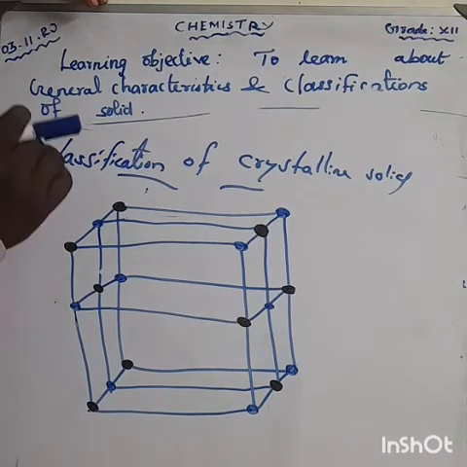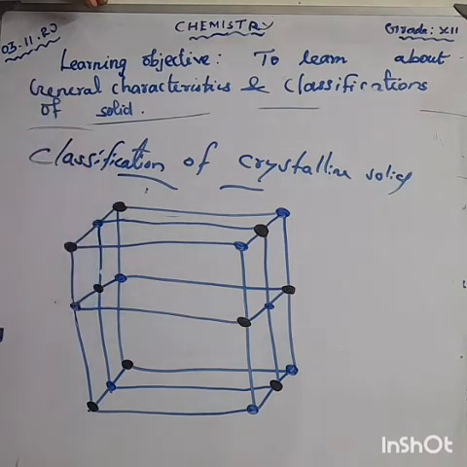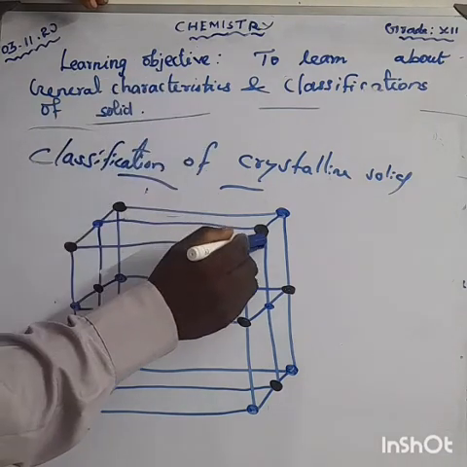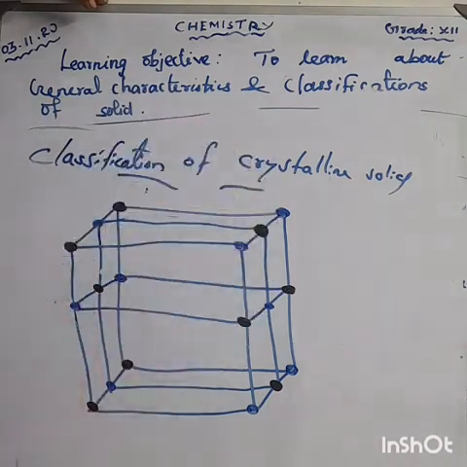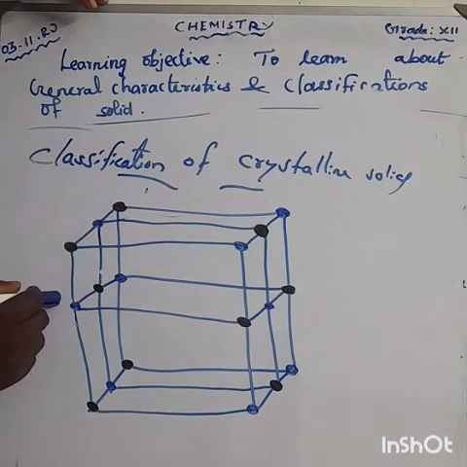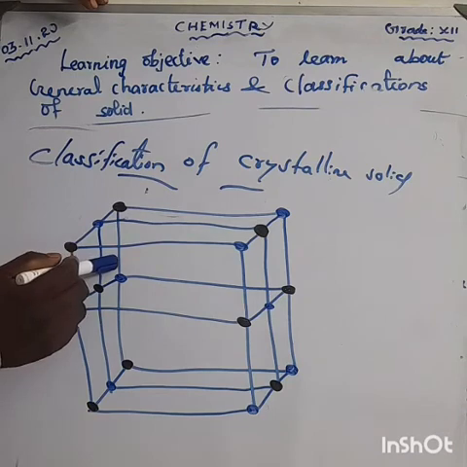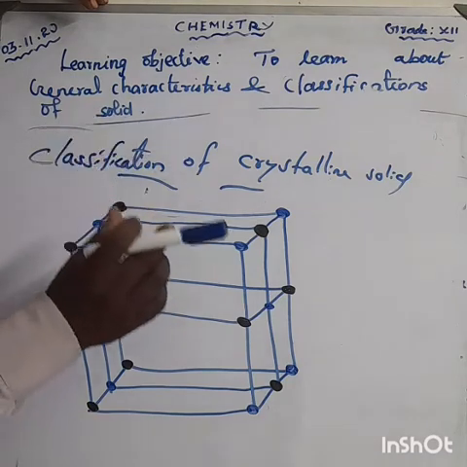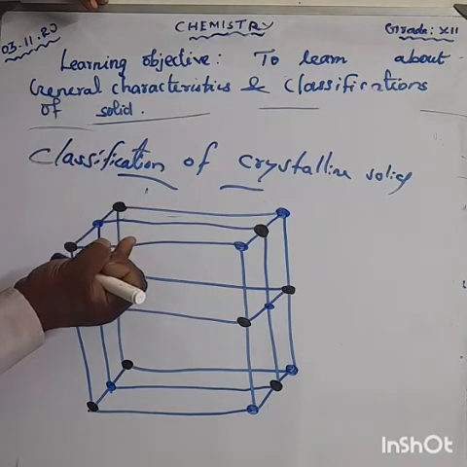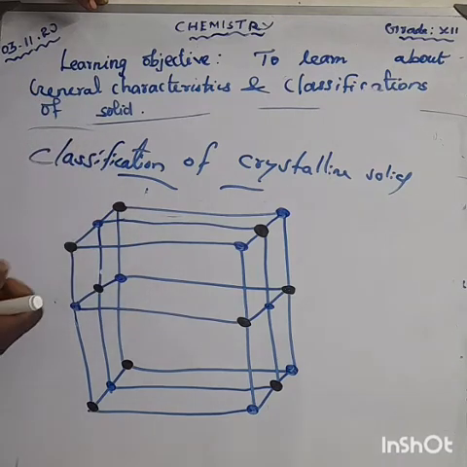To maximize the attractive force, each cation is surrounded by anions. The ionic crystals possess a definite crystal structure, maybe cubic close packed, for example the arrangement of sodium and chloride ions in NaCl crystals.